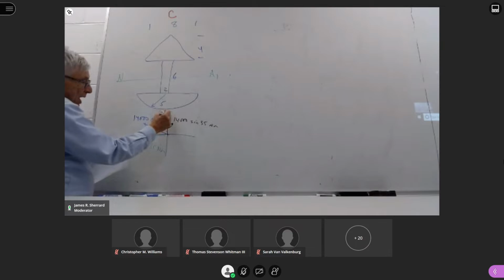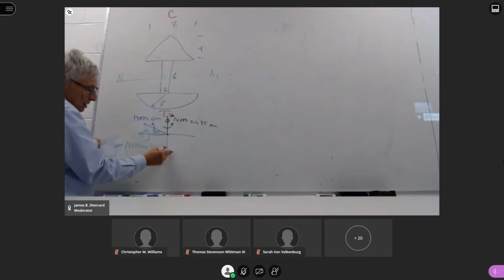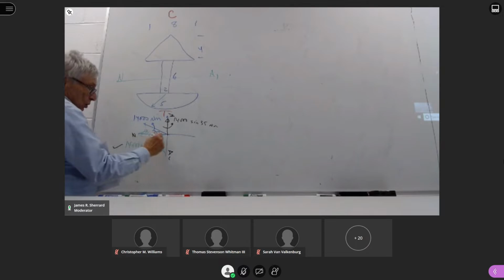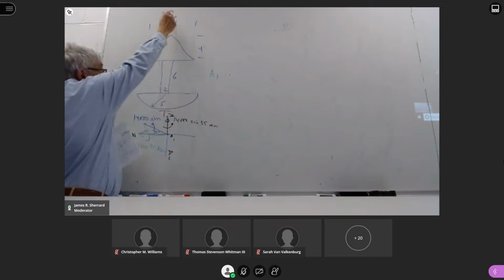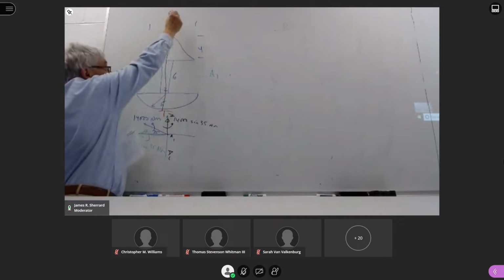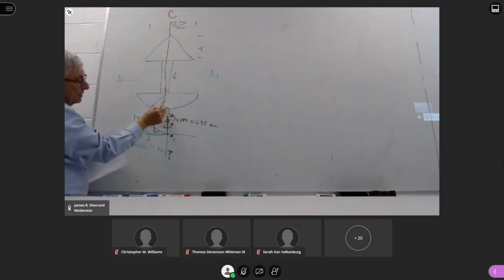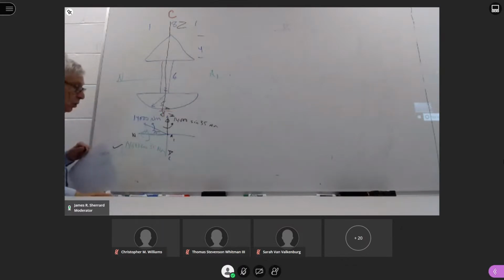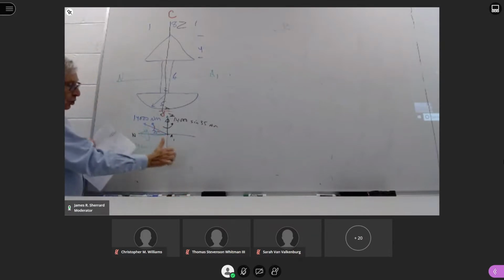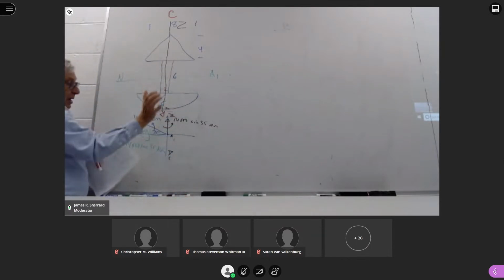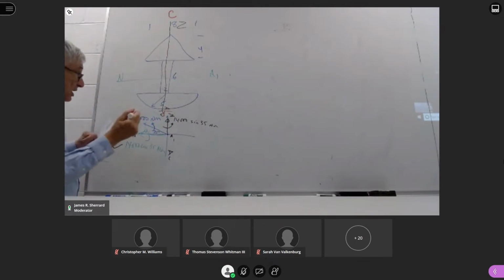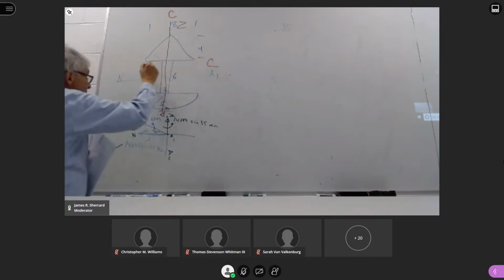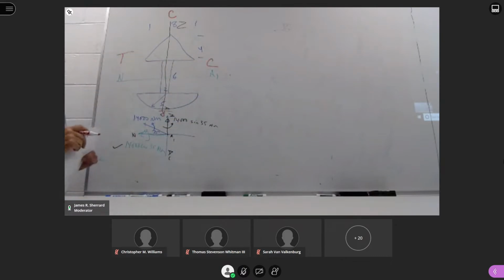So this is going to define my neutral axis 2, just like this one was neutral axis 1. And I'm going to have to calculate where it is, but I know it's going to be going something like this, where this is neutral axis 2, neutral axis 1. I then, knowing that this is my neutral axis, I let my fingers, right hand rule, curl towards compression. So in this case, compression is on this side, tension is on that side.